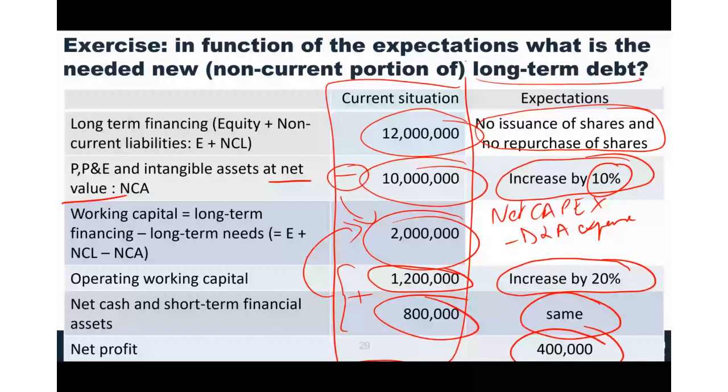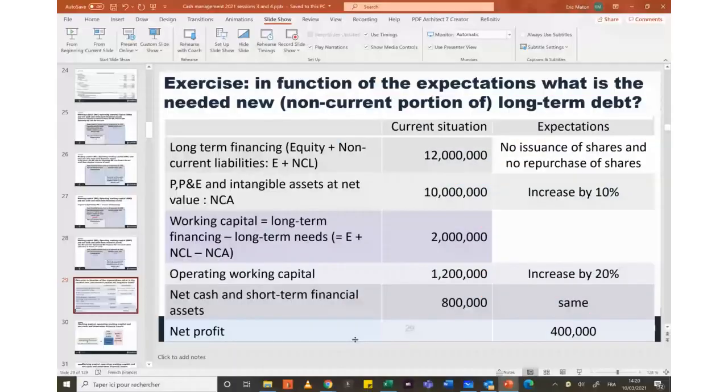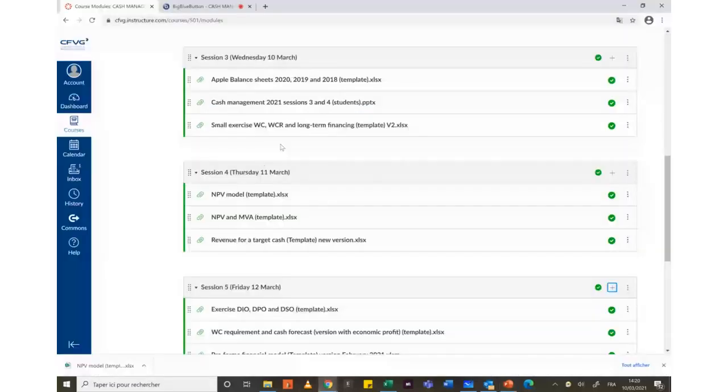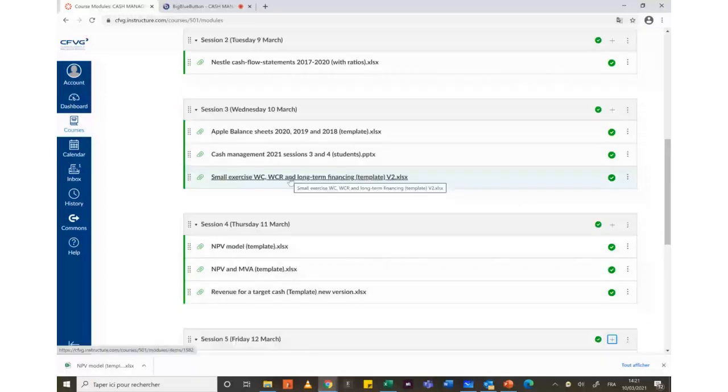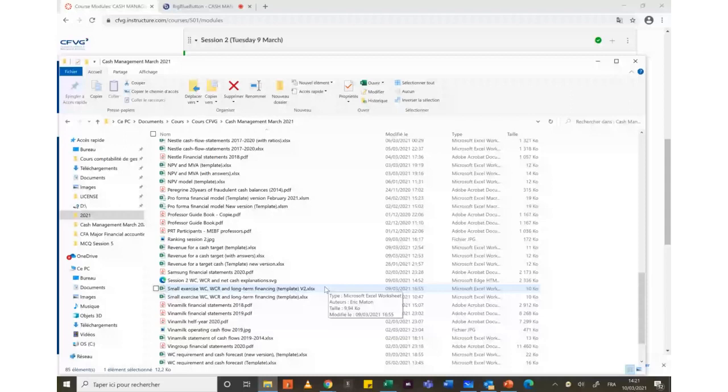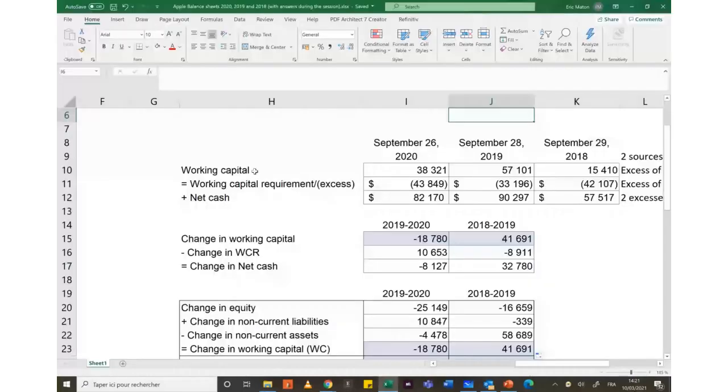So we have the Excel file. Go to Canvas and download the Excel file, small exercise: working capital requirement and long-term financing. I will put the version with answers.